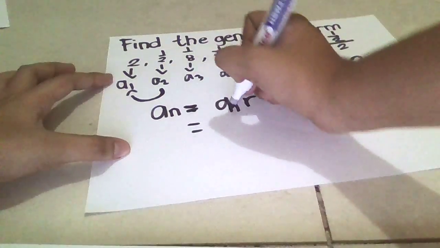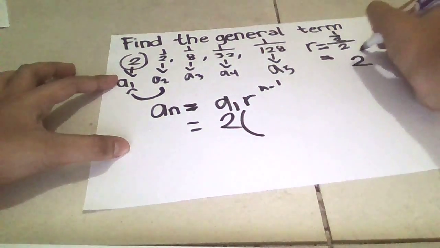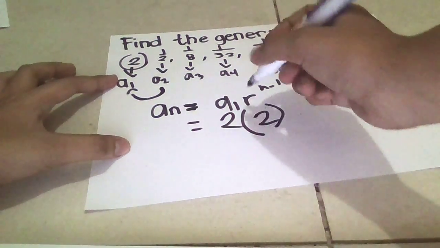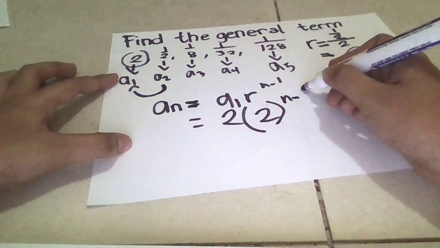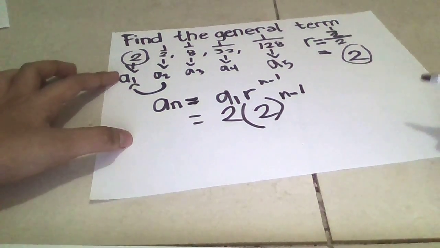So your a sub 1 is 2, your r is 2, and n minus 1.